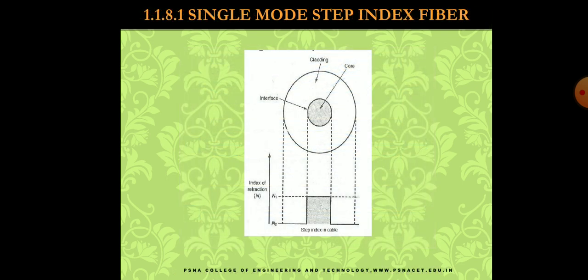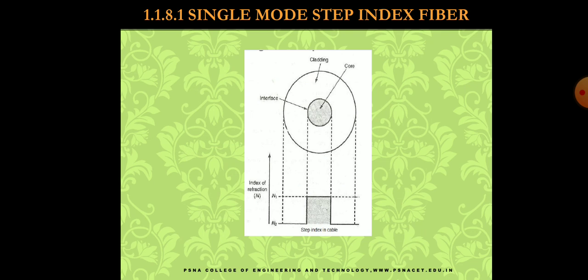So next we are going to study in detail how the single mode step index fiber is structured and what its use is. So we are going to see it one by one. In the case of single mode step index fiber, light takes a single path through the fiber core.